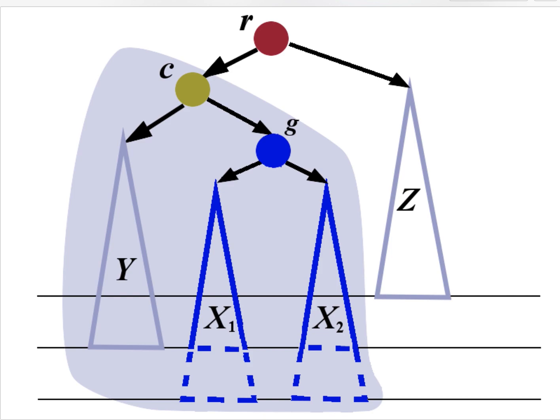So here it goes. Step 1 is right child of C points to x1.